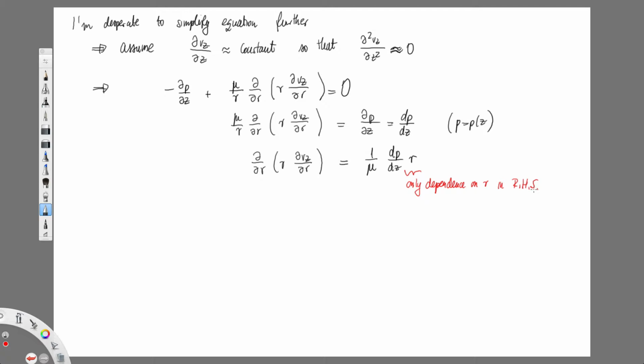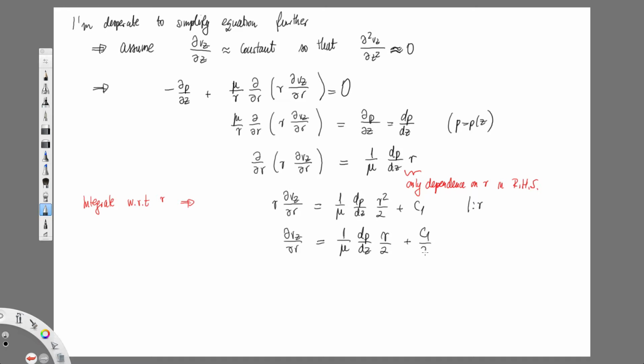RHS is right-hand side. So I can integrate with respect to r. So I will have that r dvz/dr is 1 over mu dp/dz r squared over 2 plus c1. So my dvz/dr is 1 over mu dp/dz r over 2 plus c1 over r, when I divide by r.